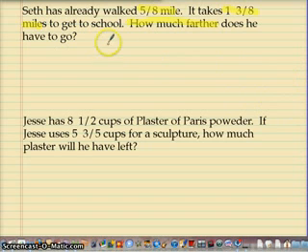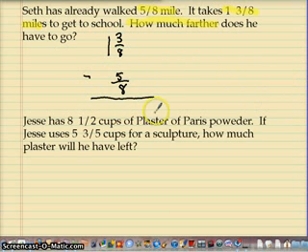Listing our fractions vertically, 1 3/8 minus 5/8. We know that we are going to subtract. In order to do that, we know that we cannot take 5 away from 3.